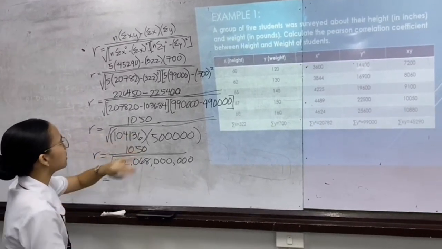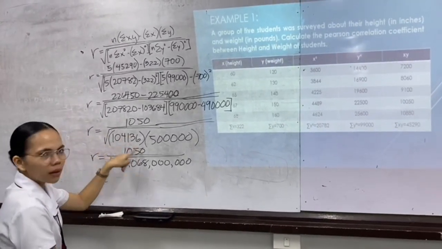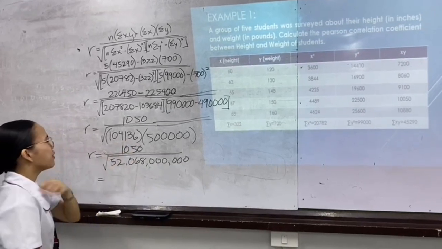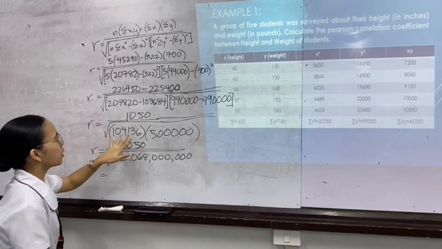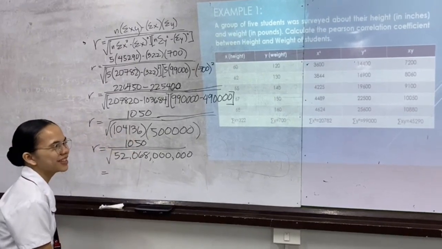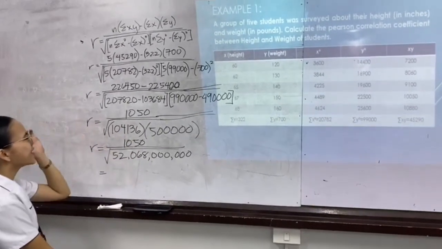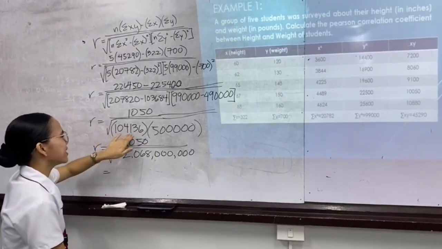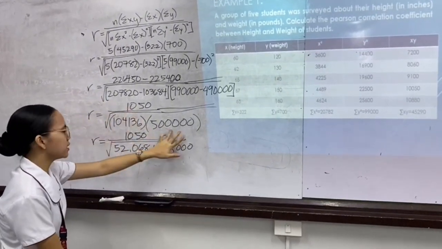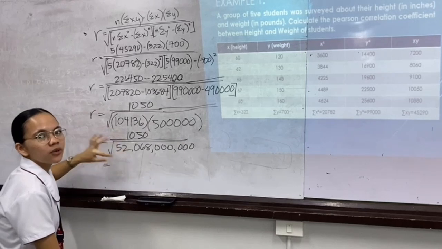After getting the product of 104,136 multiplied by 500,000, we will now simplify.